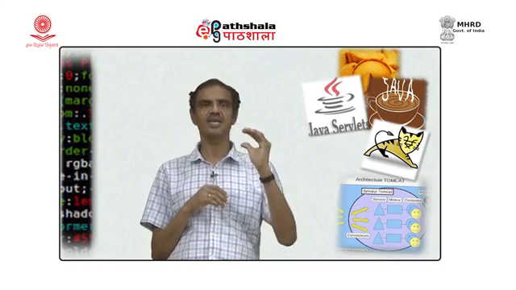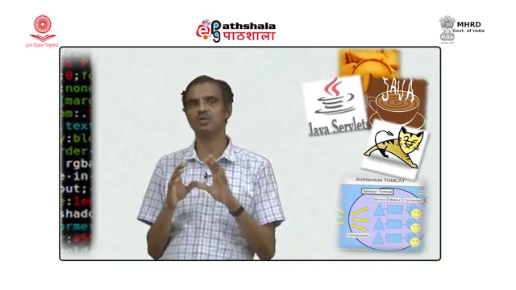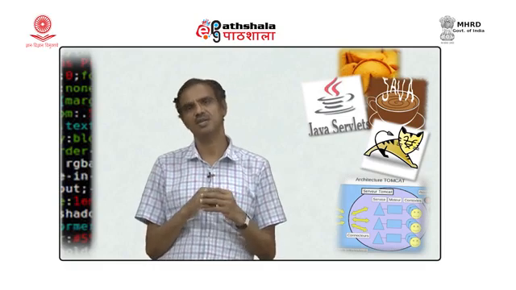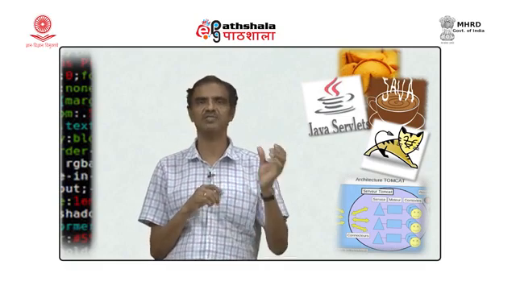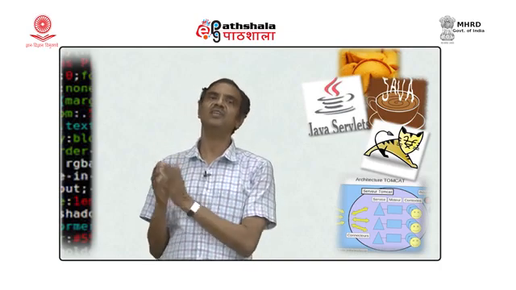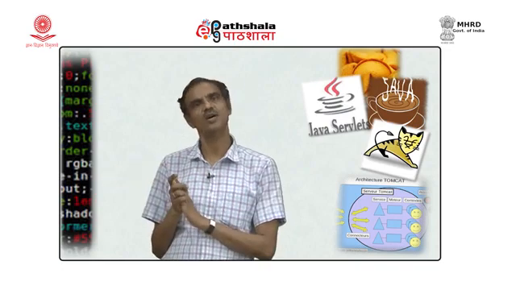So, we will say fmt:setLocale, it will be fmt colon, not c colon. Format tags are always normally prefixed with fmt. So, fmt:setLocale, and then we will say value equal to. Now, value here should be a value object of locale type.